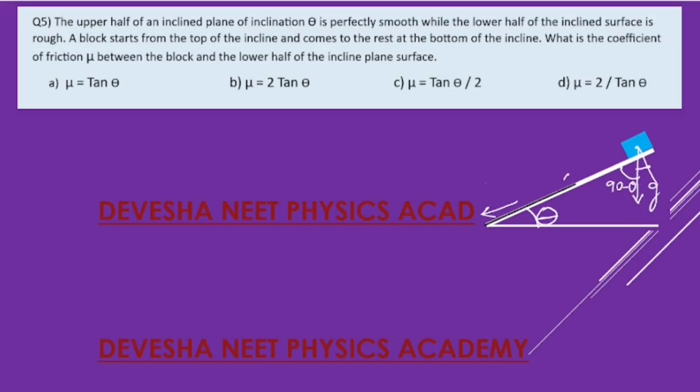And this is, again, theta. So the component of gravity along this plane will be g sine theta, and the component of g perpendicular to it will be g cos theta.